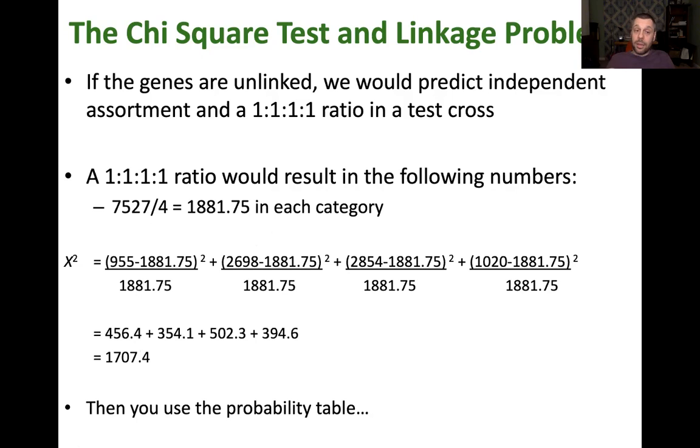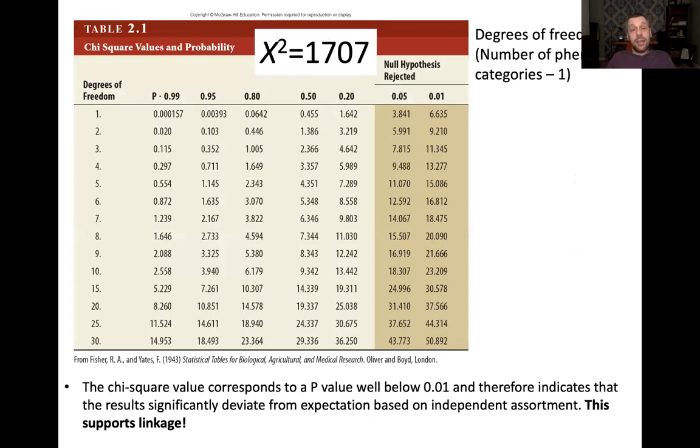Of course, then we've got to plug that number into the probability table. We did that in the previous part of this class. This time, we've got an enormous chi-squared value. The degrees of freedom in this case is going to be 3 because it's the number of phenotypic categories minus 1.